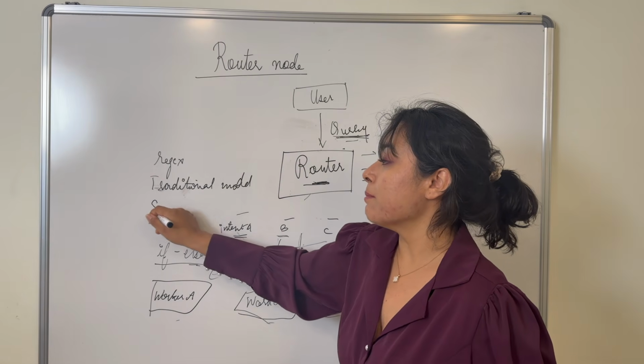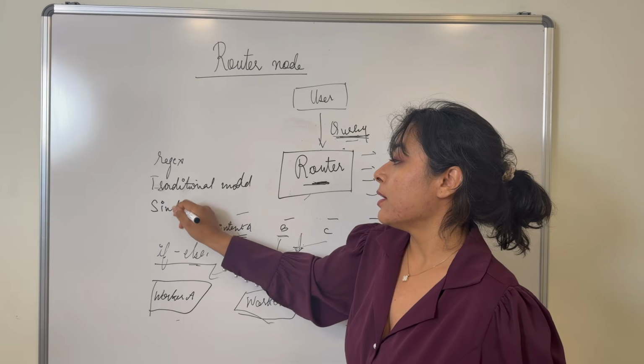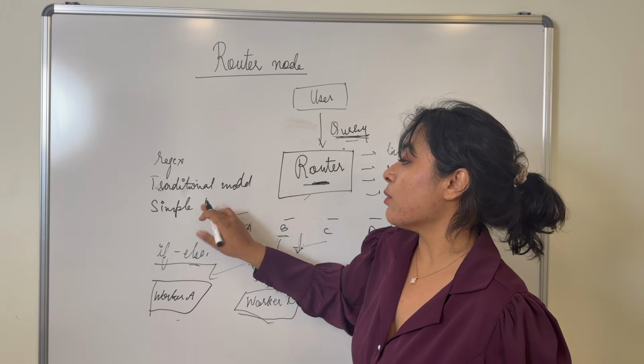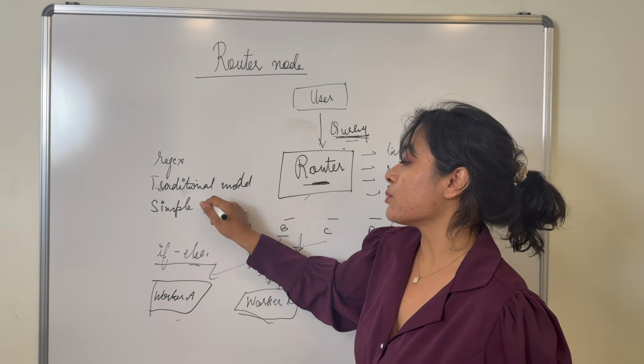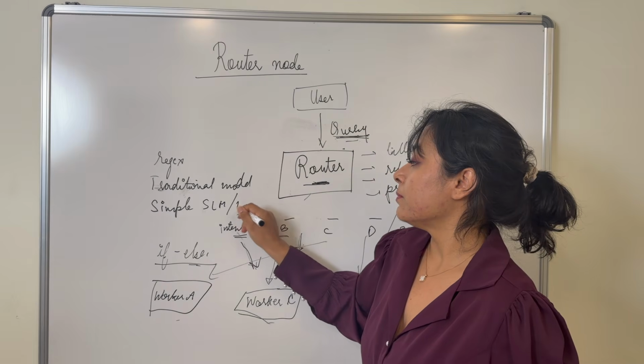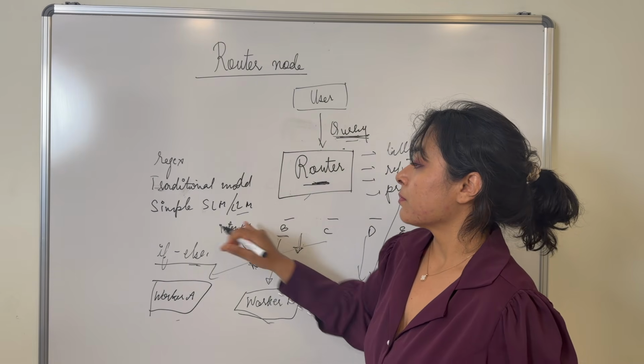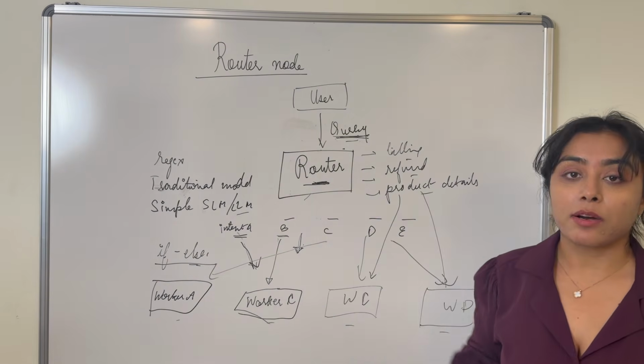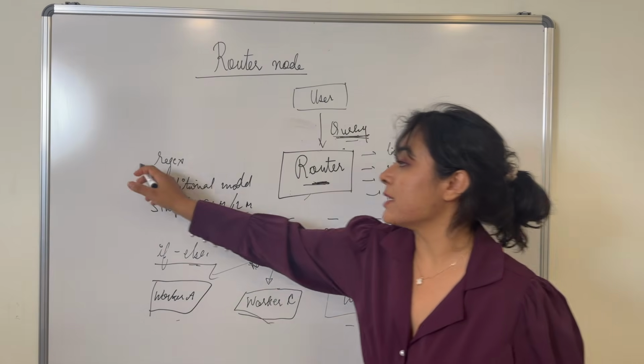Or it could be a very simple, lightweight language model, small language model maybe, or large language model, that would be acting as a router. It could be any of these.